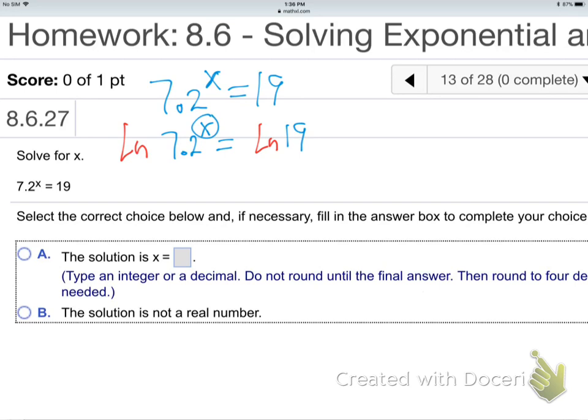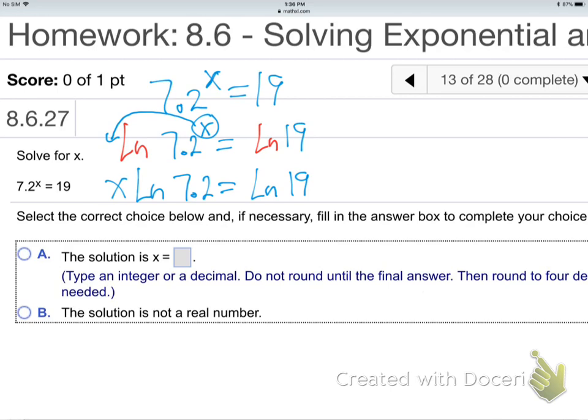And then that x power drops down to the front. As you know, that's the third property of the logs, that powers come down to the front. And now how do we finish solving for x? Just divide by that whole ln 7.2 thing, right?